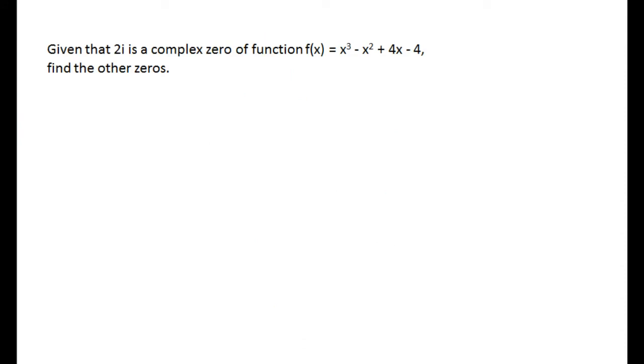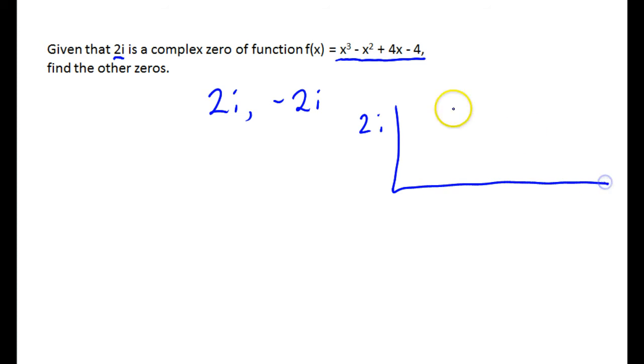All right, my last example: we're given a complex zero of this function, and notice that it has rational coefficients. So if 2 plus i is a zero, then I automatically know that 2 minus i is also a zero. So let's put 2i in our synthetic division box, and I want to write the coefficients, not the polynomial: 1, negative 1, 4, and negative 4.